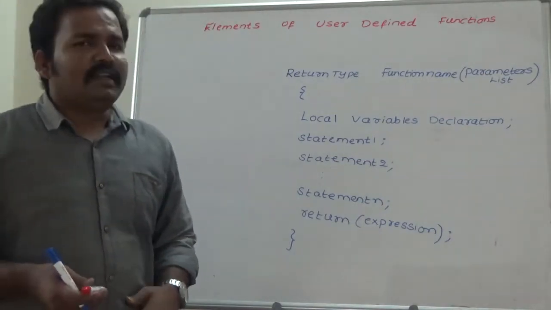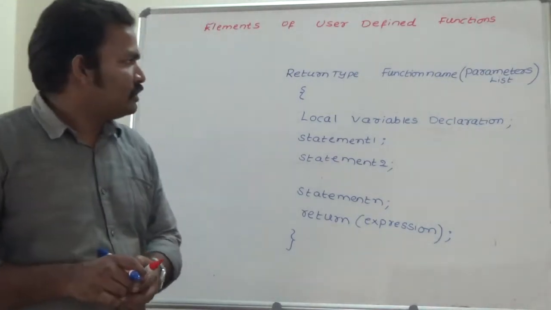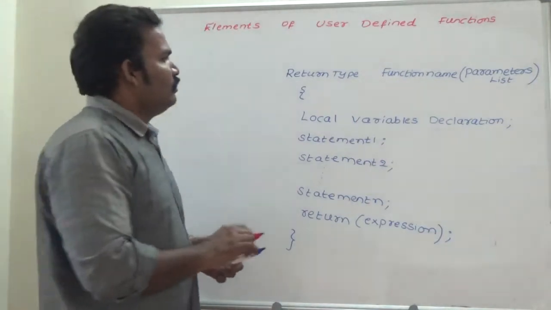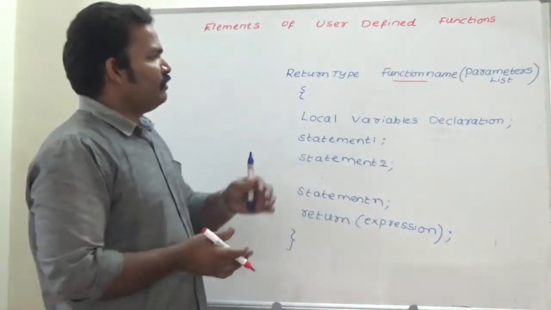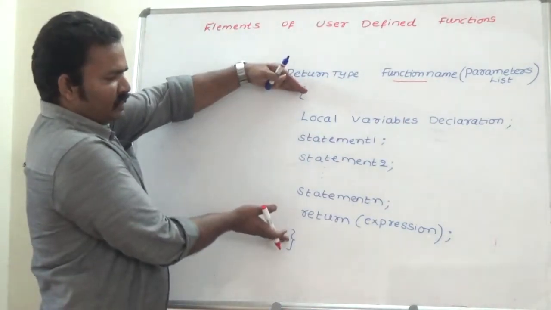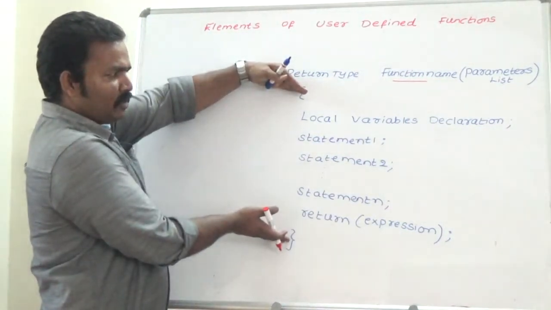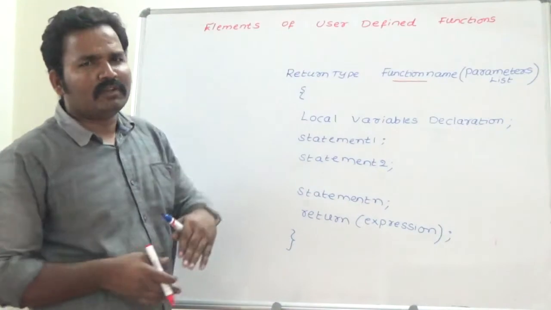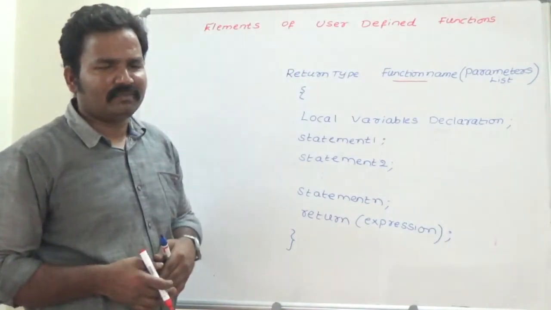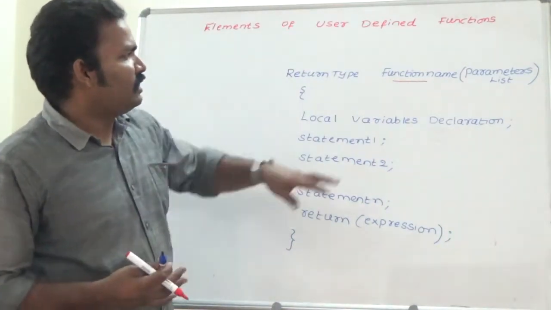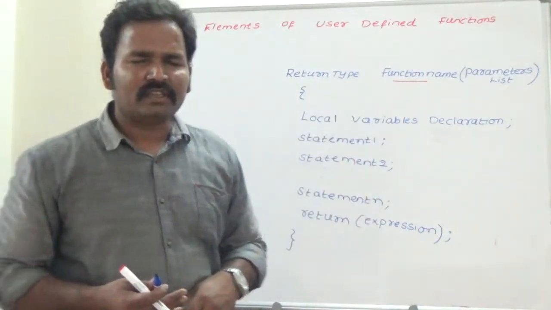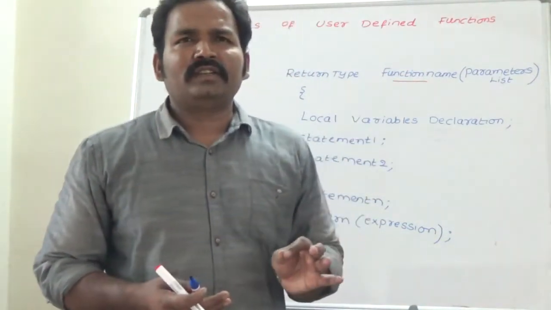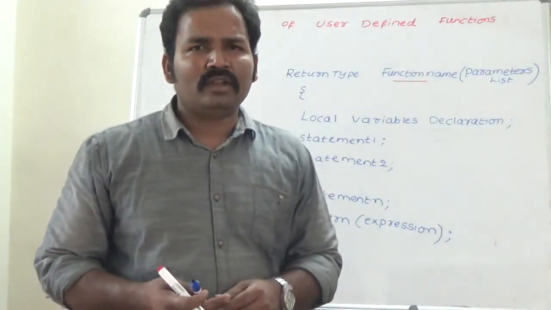First, return type. What is a function? Already we know, a function is a block of statements used to perform a particular task. After executing, the function may return a value also.